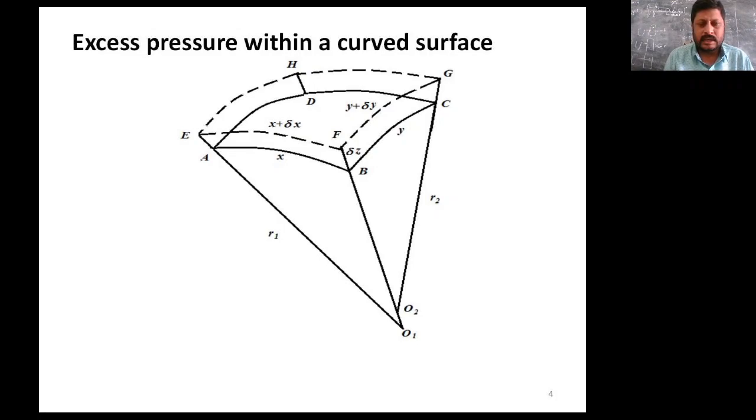To increase the surface area, we need to do work on the surface. Then the increased surface area is shown by the dotted area EFGH.